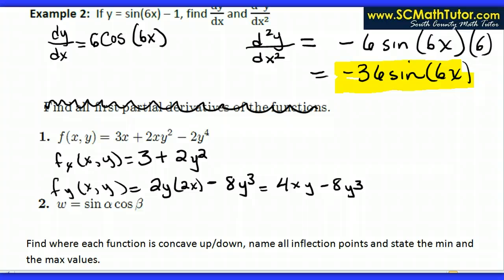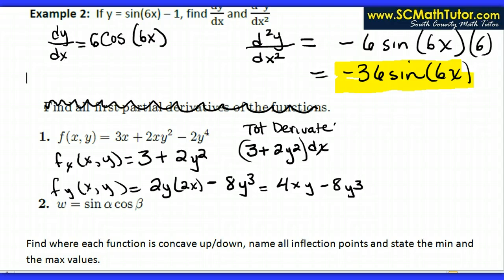So the total derivative is just putting together the derivative with respect to each variable and adding them together. So the total derivative is 3 plus 2y squared dx, showing that that's the derivative with respect to x, plus 4xy minus 8y cubed dy, showing that that's the derivative with respect to y.